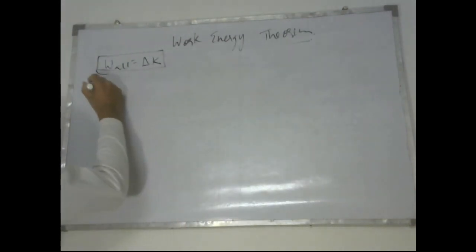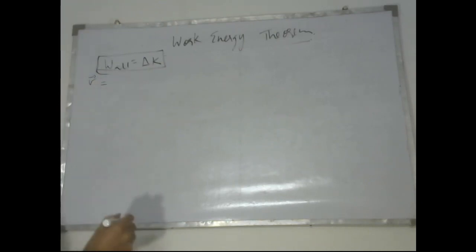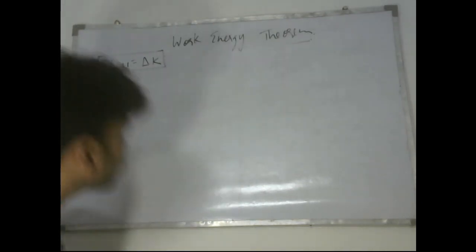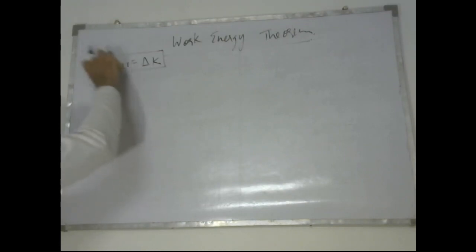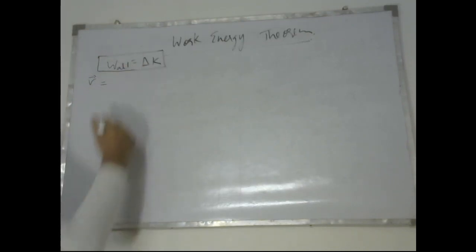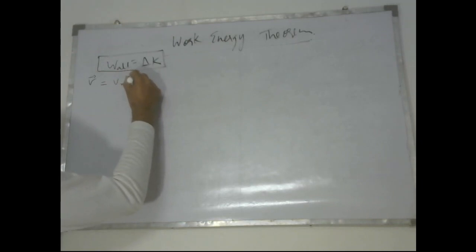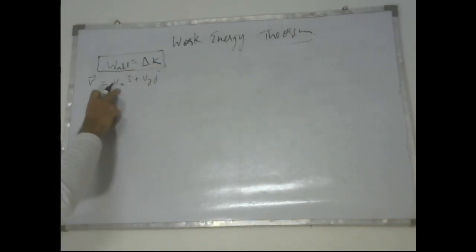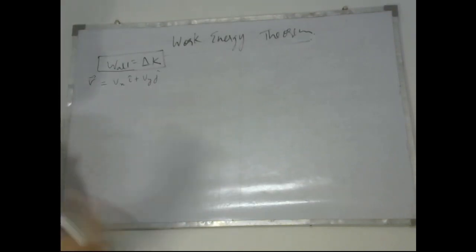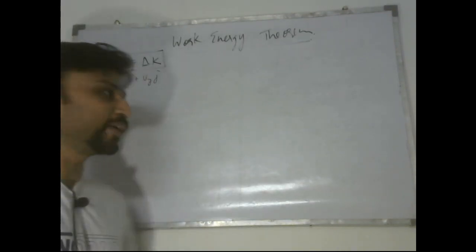The velocity vector of the particle we can write as vx i cap plus vy j cap. These are the velocity components: vx is velocity in the x direction, vy is velocity in the y direction.